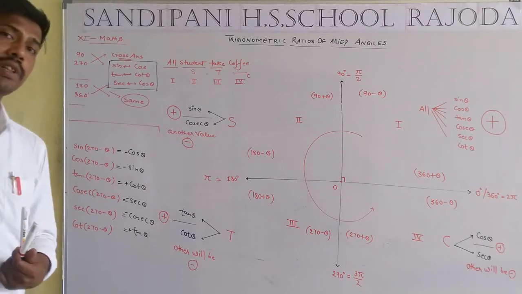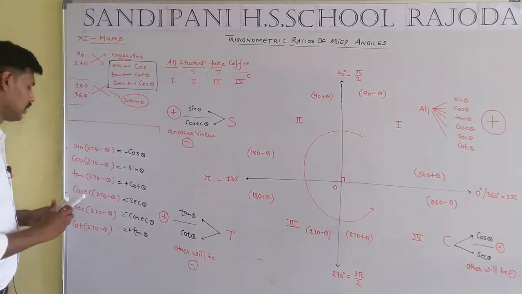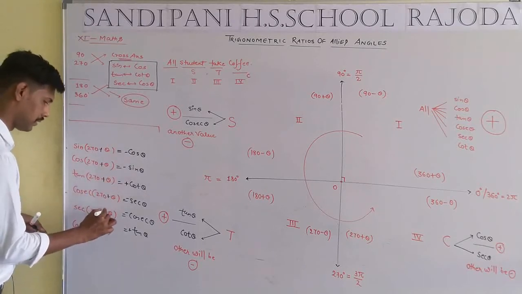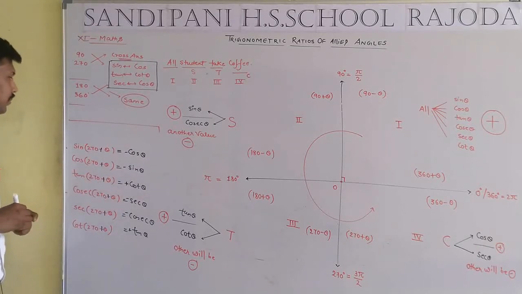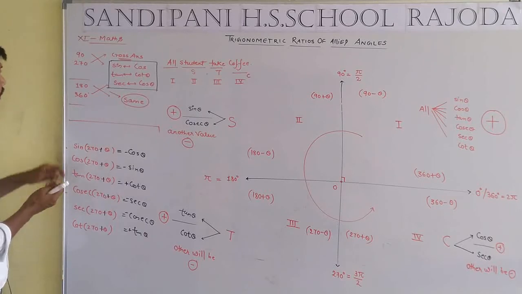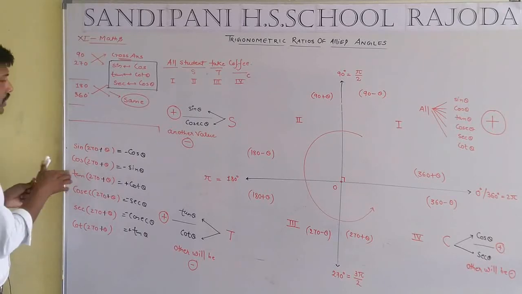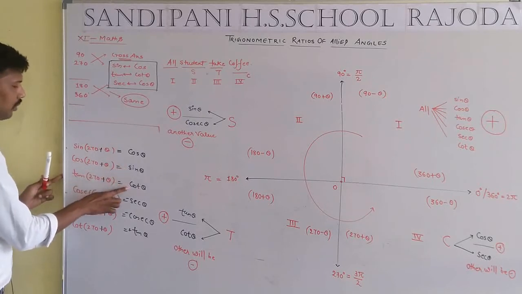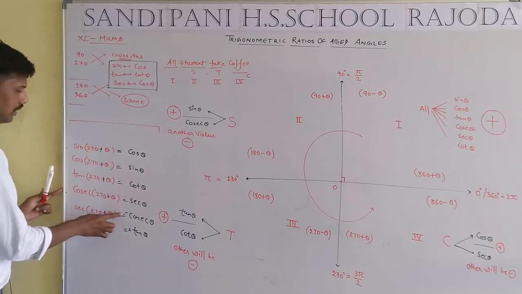Now we move to another part, 270 plus theta. What is the message from the 270? 270 means a cross answer. Sine will be equal to cos, cos will be equal to sine, tan will be equal to cot, cosec to sec.